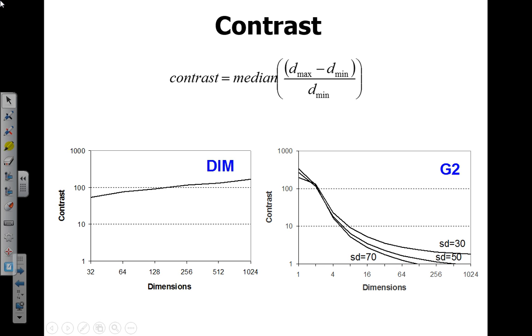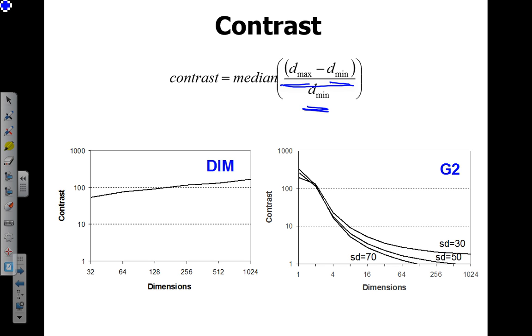Okay, then the contrast. This is another estimation of how diverse the data are. For any data point we calculate its distance to the nearest other data point and to the furthest data point, and take the difference. So how far is the nearest, how far is the furthest, and this difference gives an estimation of the distances.